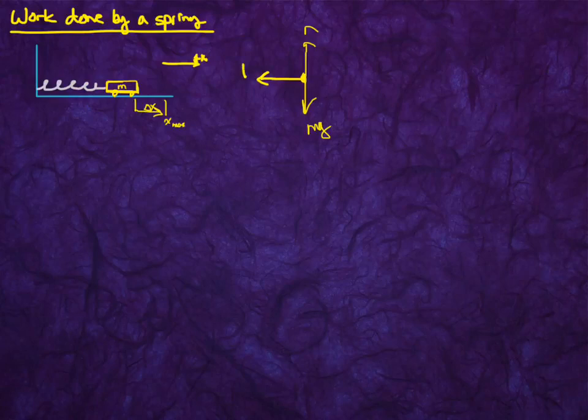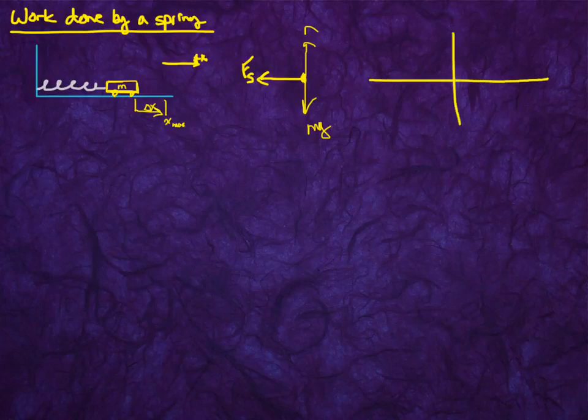This is going to be the force of the spring, F sub S. If we were to graph our force, if we go forward, the force acting on this is going to be negative.